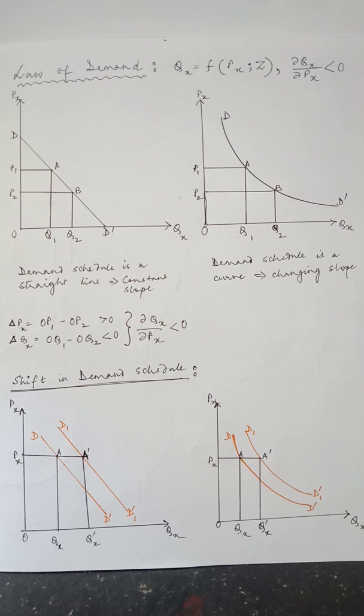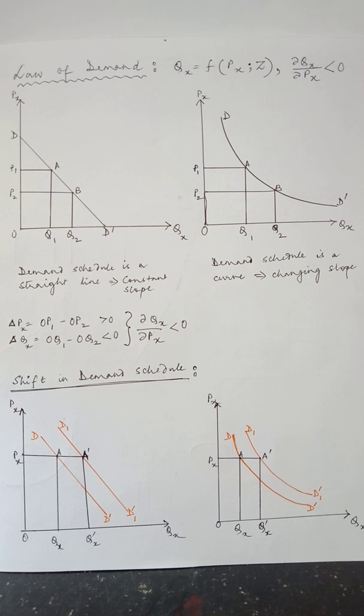And if we represent delta Qx by OQ1 minus OQ2, then it will be a negative amount because the quantity will be increasing from OQ1 to OQ2. So OQ1 will be smaller than OQ2. Say if OQ1 is 4 and OQ2 is 6, then 4 minus 6 is minus 2. So it will be a negative amount. So delta Qx by delta Px will give a negative result.